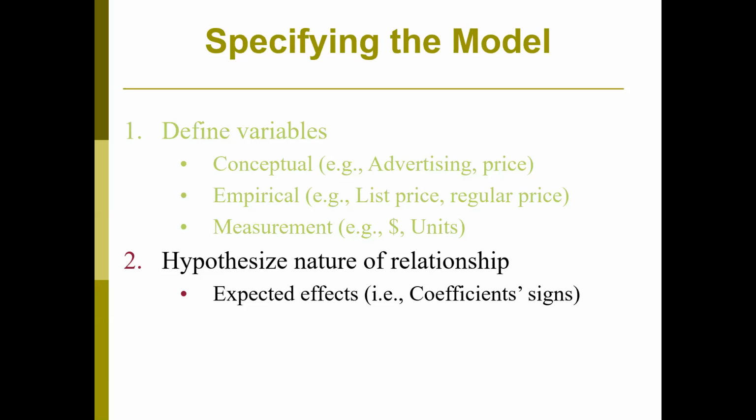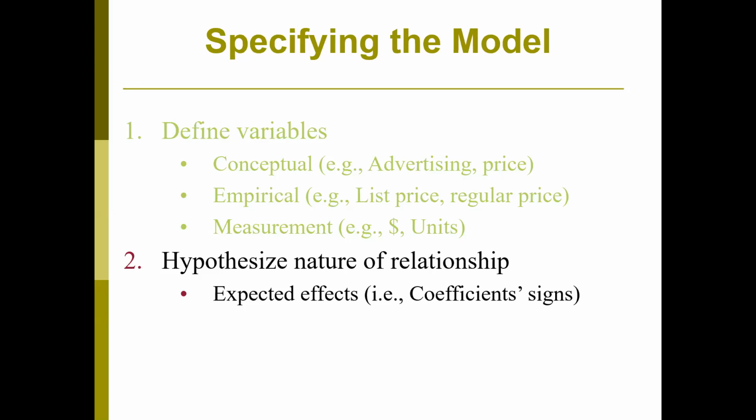In hypothesizing the nature of the relationship, I need to know what the expected signs, the expected effects, are going to be. Let me give you this example. There's a country in Africa called Nigeria, and the economy of that country depends on oil revenue, the revenue from oil and gas.